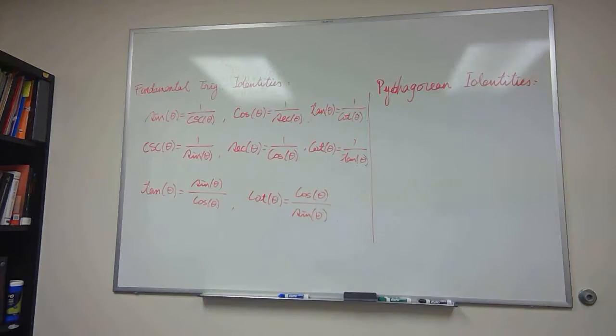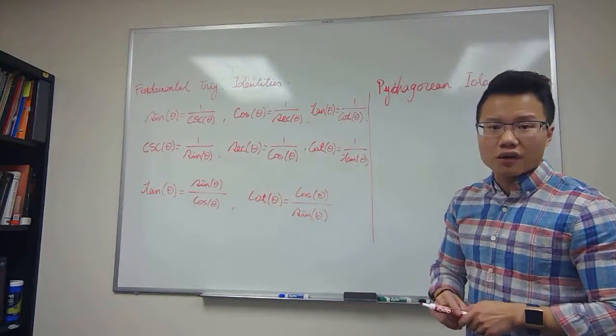It's called the Pythagorean identities. And this set of identities is very unique.